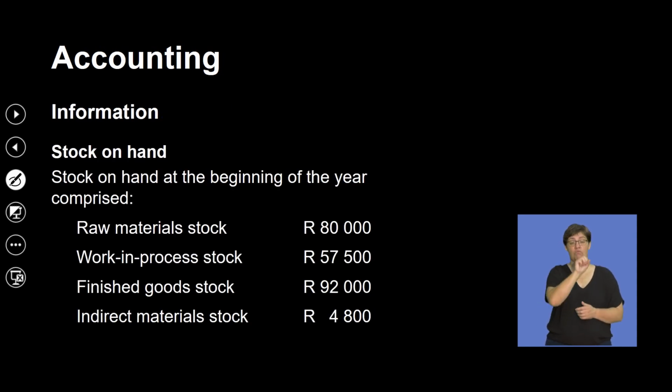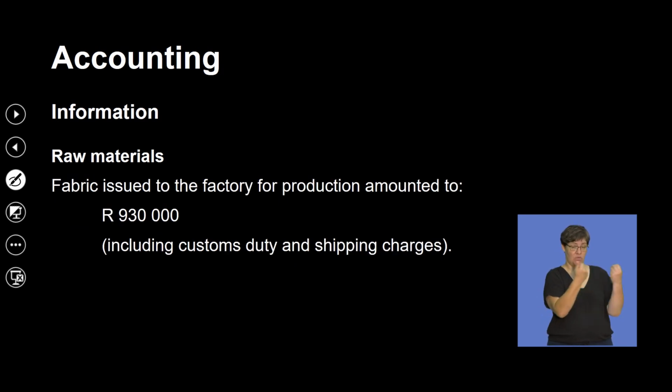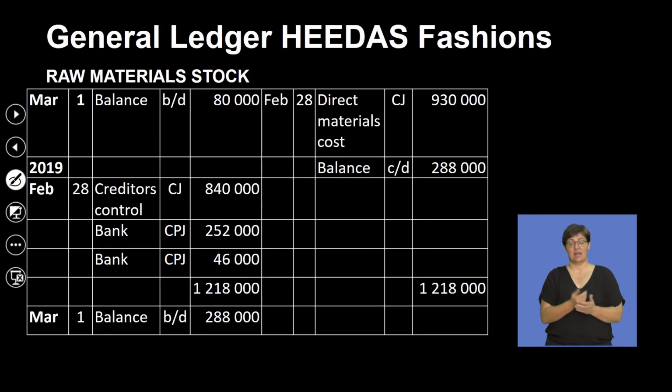In terms of the raw material stock, let's start with that one. We are told that the stock on hand amounts to 80,000 Rand at the beginning of your financial year. Right, okay. So immediately I tell myself, fine, this is my raw materials account, and here I start off with my balance on the debit side, 80,000 Rand. Can you see that? Stock account, asset, debit balance.